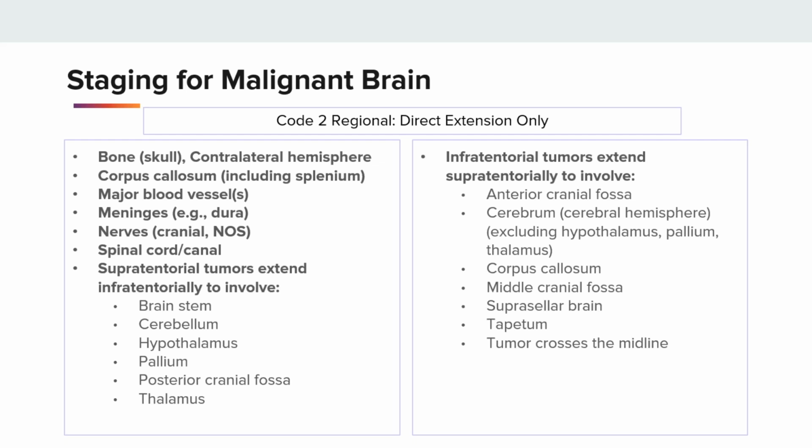And the infratentorial tumors extend supratentorially to involve the interior cranial fossa, the cerebrum, the corpus callosum, the middle cranial fossa, the suprasellar brain, the tapetum, and the tumor that crosses the midline.